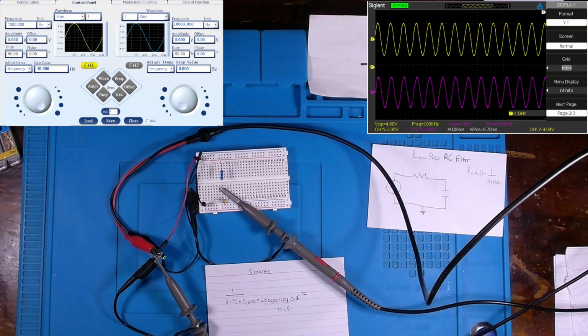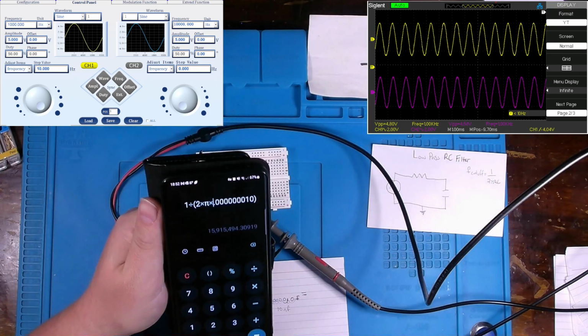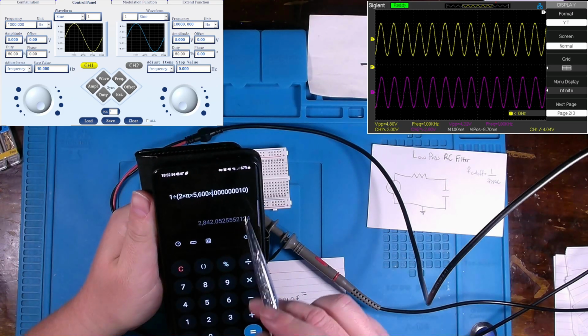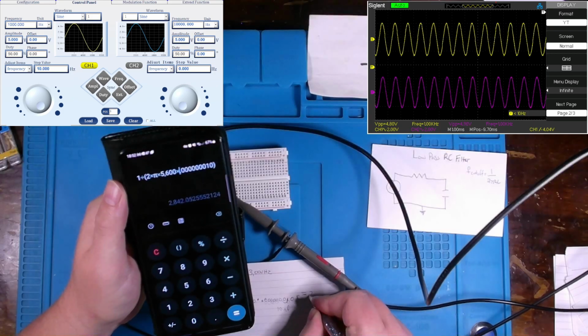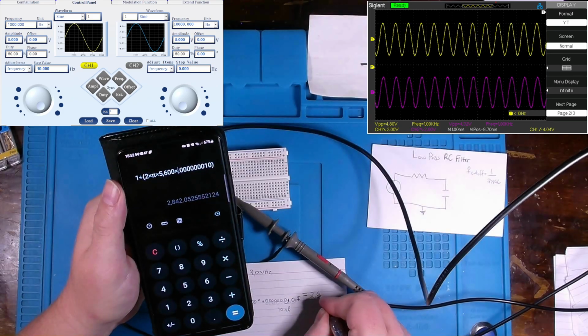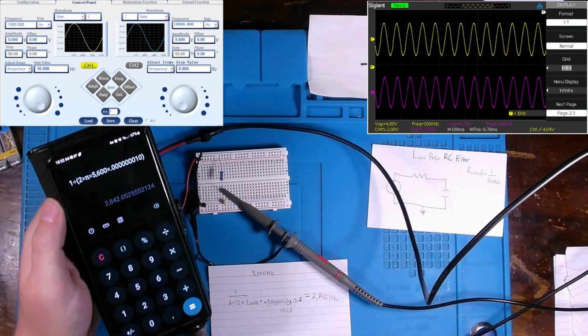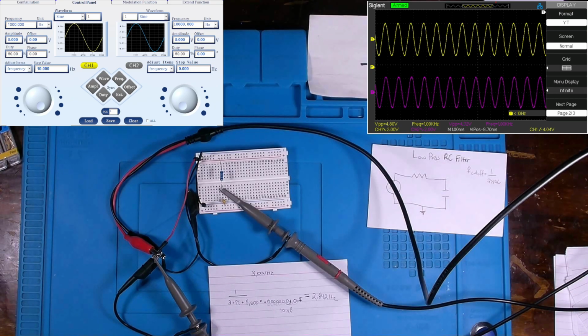Is going to be a little bit shy of that 3K mark, but 2 times pi times 5600 times, here we go, 2,842 hertz. 2842 hertz. And that's pretty close. Okay. So this is going to be our low pass RC filter.